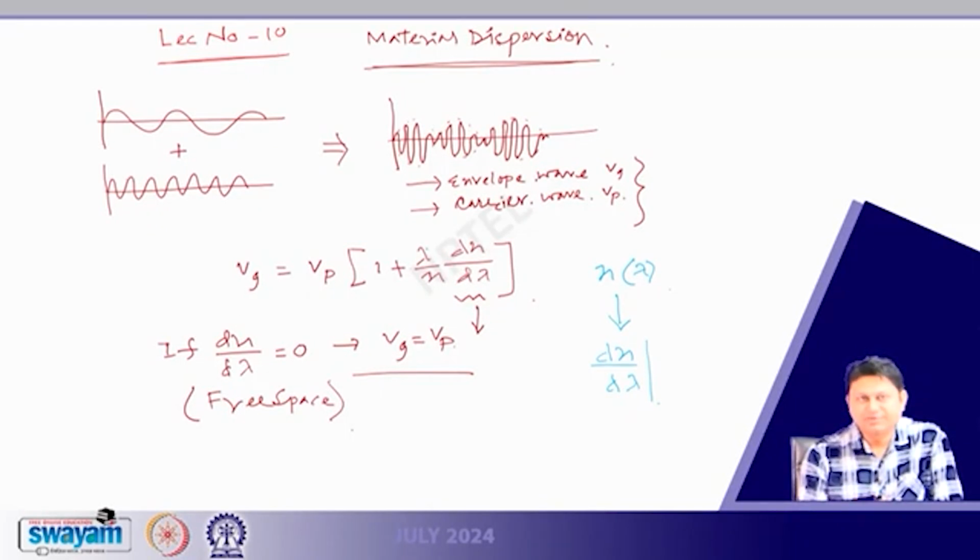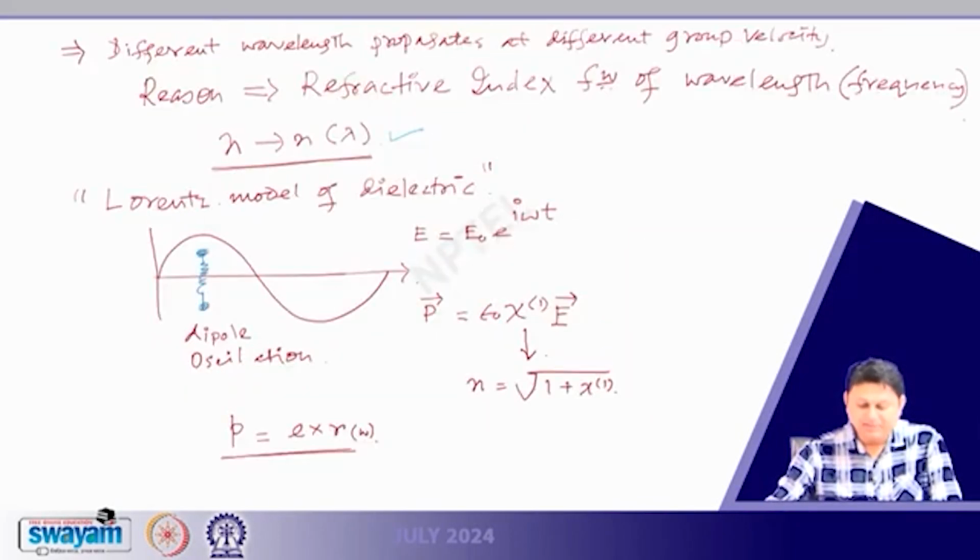That means different frequency components will travel at different group velocities, and that is why we have a dispersion of the system. So when a light wave with different frequencies is propagating inside a medium, because the refractive index is a function of lambda, the group velocity of the different frequency components is also different, and we see that dispersion is happening.